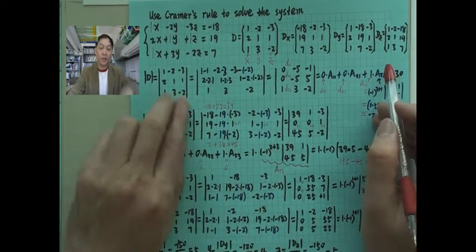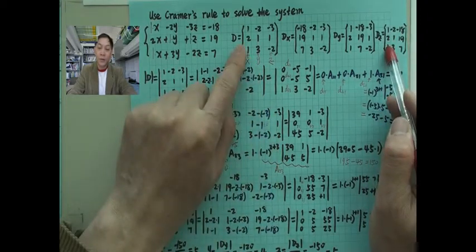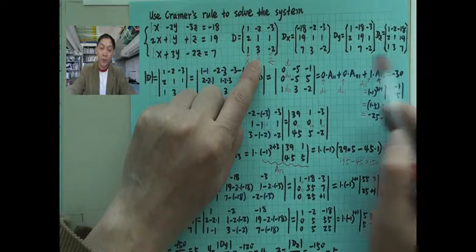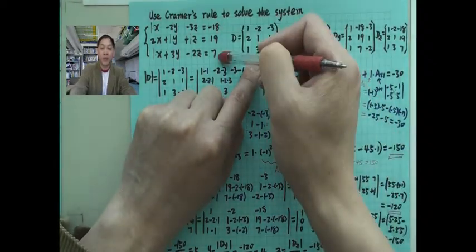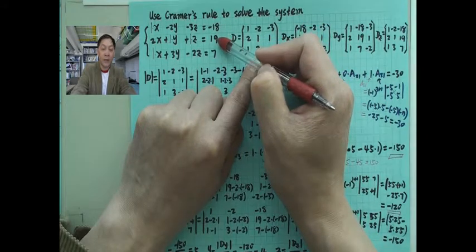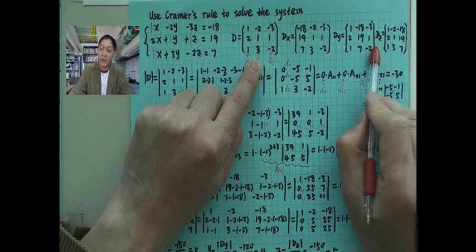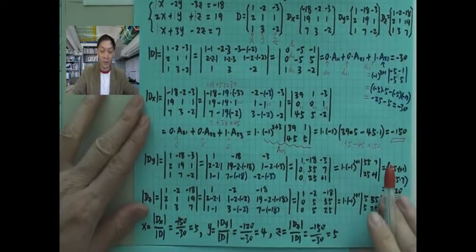Keep the first two columns 1, 2, 1, negative 2, 1, 3 the same. Replace column 3 by constant. Negative 18, 19, 7. You have a dz, this matrix. And then find out determinant.